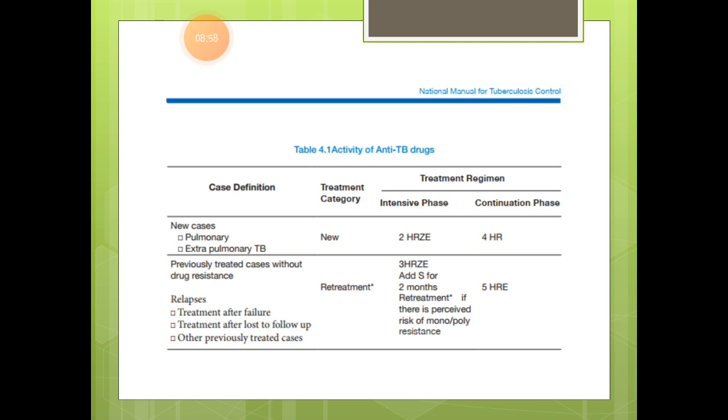The new treatment regimen is for 6 months and the retreatment regimen is for 8 months. This is a very easy division. The drug combination is also different, so you can refer and read about this, and you can be thorough.